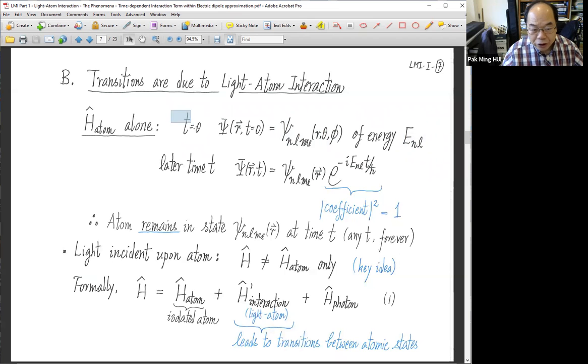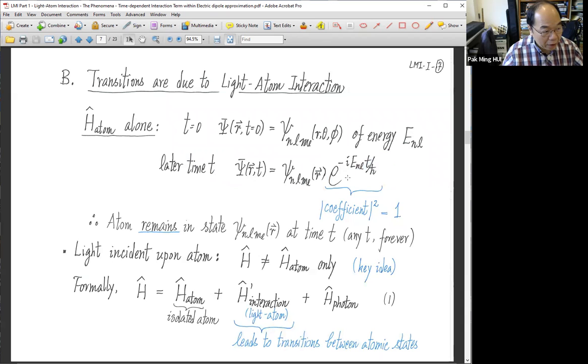So that's what we know. Let's say initially, at time, you can set whatever time, call it 0, so t equals 0, it is in an energy eigenstate. From Schrödinger quantum mechanics, we know that at a later time t, it evolves, but it evolves with its own phase factor. Given that this is an energy eigenstate with energy labeled by n and l, this is the corresponding phase factor.